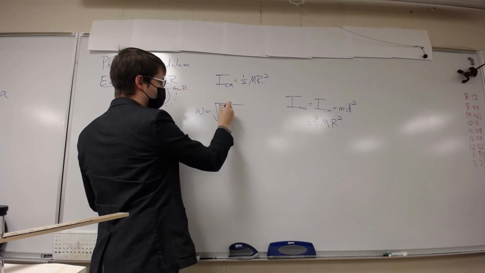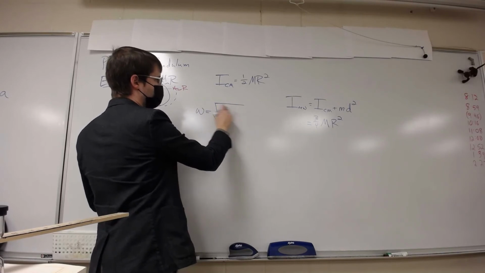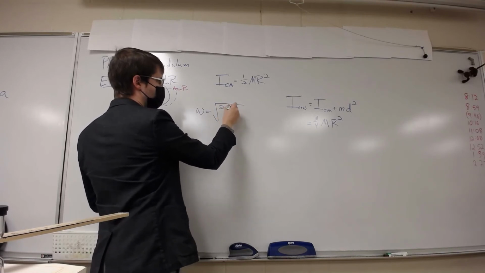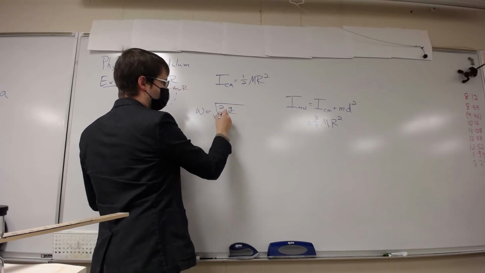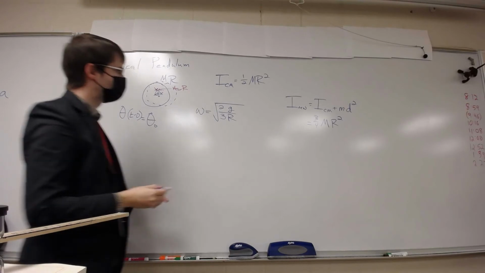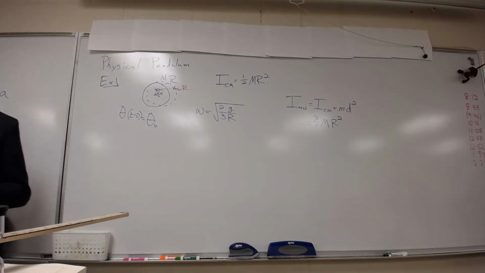What did we get in here? It was 2/3 or was it 3/2? For I? Oh, yeah. So that's our value for omega.